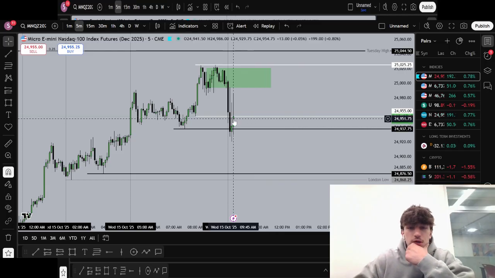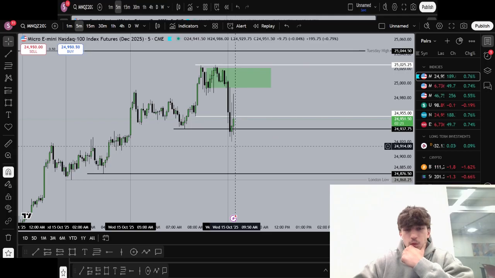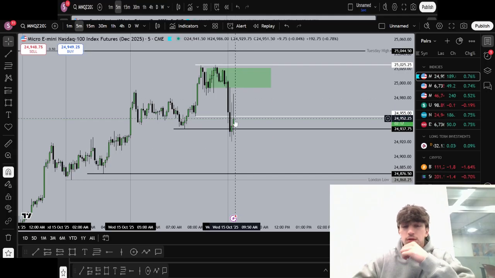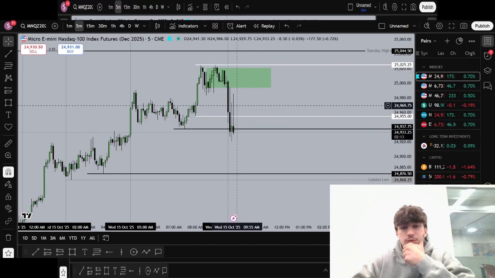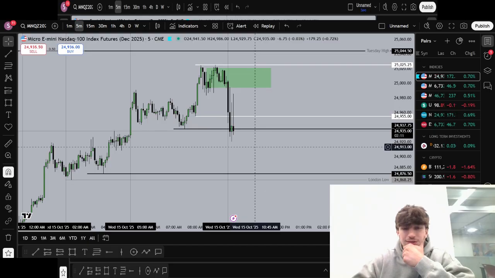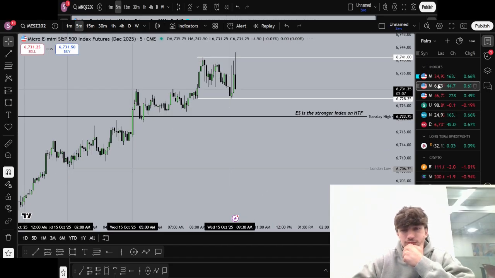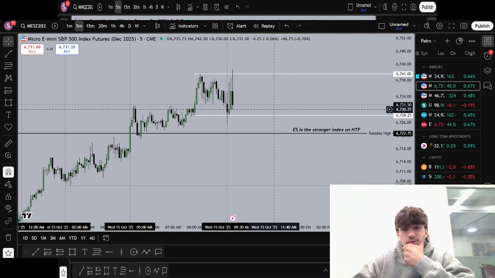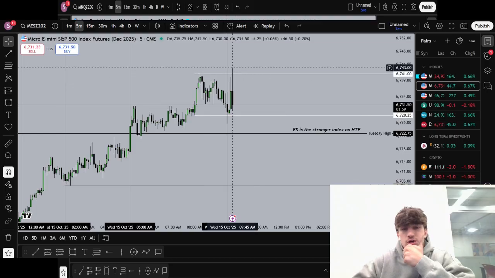Not gonna lie. We want to see it come up here and put in a bearish candle. Or if this candle closes bearish, I would prefer it to come back. So we might close bearish, and if we close bearish, there's our SMT.